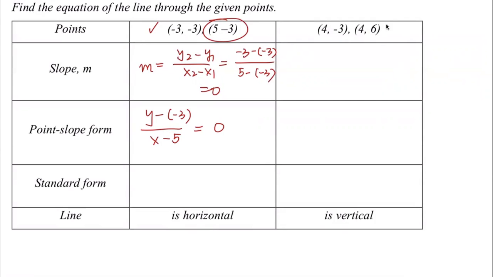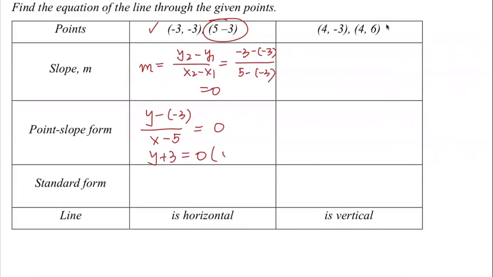So now when we multiply x minus 5 to both sides of the equation, it's y minus -3, which is y plus 3, is equal to x minus 5 times 0. That's just 0.